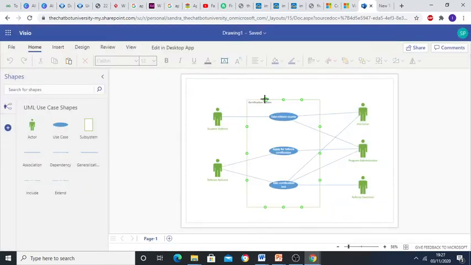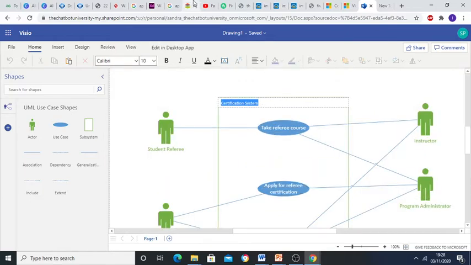Okay, so if I click on that, I'm going to name that natural language processing NLP domain use case diagram.